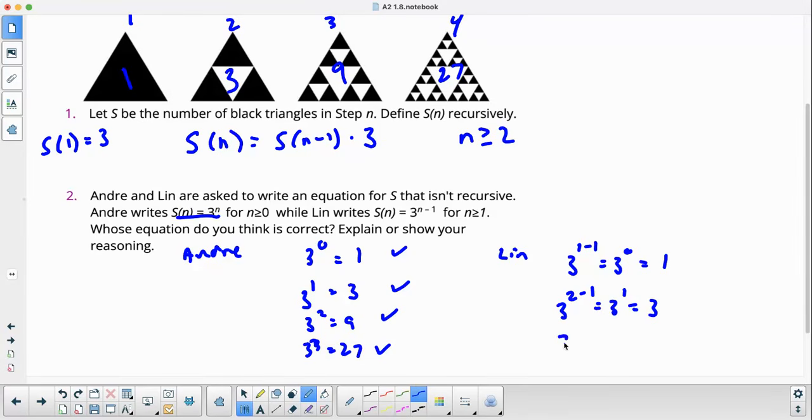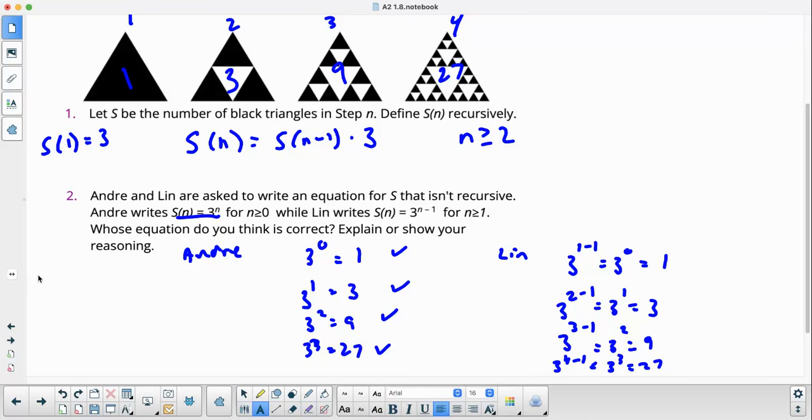So it depends how you number it, and this problem is a little unclear on what is step 1 and what is step 0. So they could both be right. I'm going to say both are right, depending on if you start with step 0 or step 1.